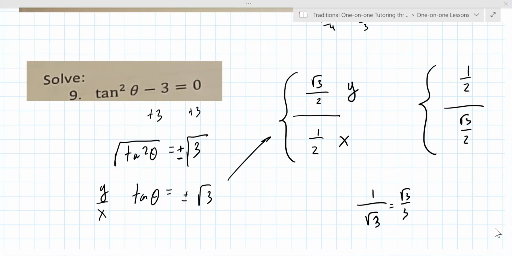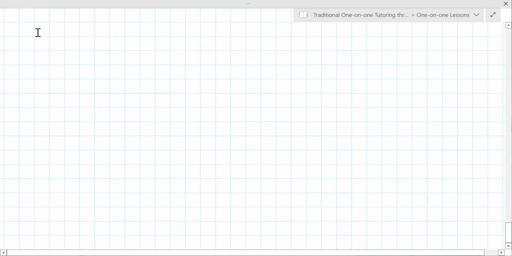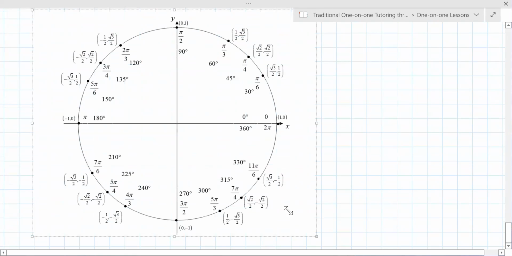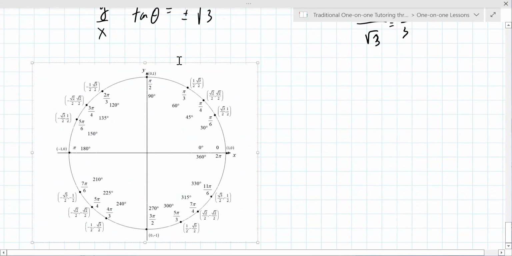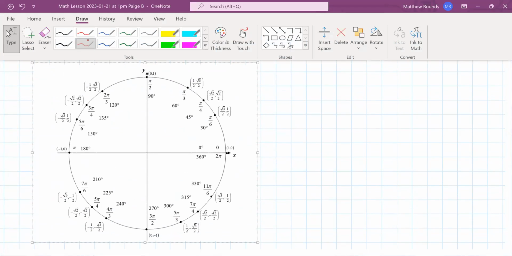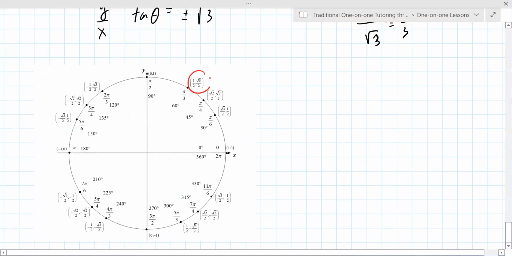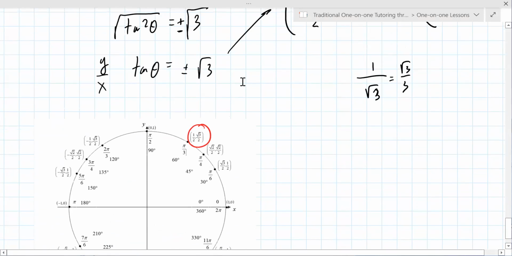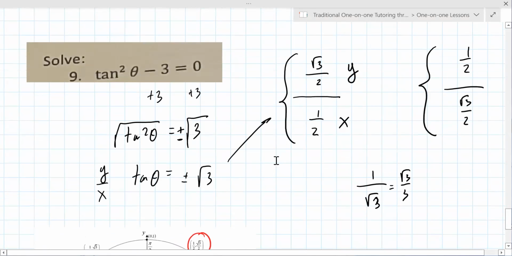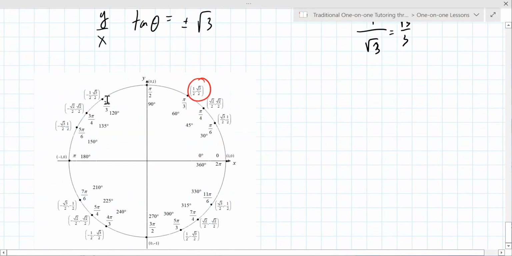Let me grab the unit circle here. You can see that it happens here at pi over 3. It's got the y value root 3 over 2 and x value 1/2. And then similarly, 2 pi over 3. But you want the angle, so make sure you grab that. And then down here again at 4 pi over 3.